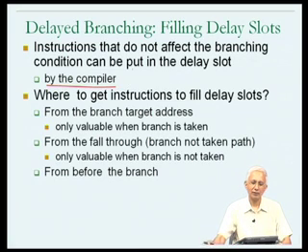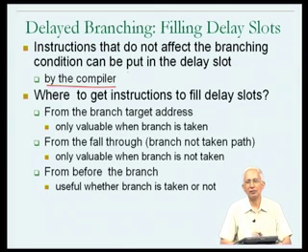By the same token, the second option of moving the first instruction from the fall through path, in other words the branch not taken path, will be valuable only if the branch is not taken. And the last option is one which would be useful whether or not the branch is taken, but the compiler must identify an instruction which can carefully be moved into the branch delay slot by checking the independence of instructions, the change in meaning of the program, etc.